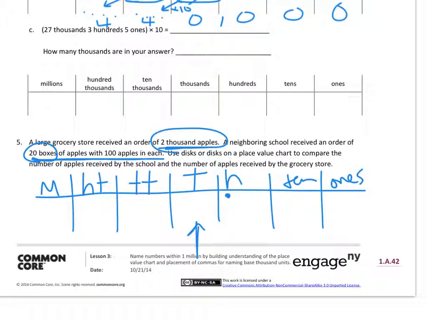So students would need to draw 1, 2, 3, 4, 5, 6, 7, 8, 9, 10, 11, 12, 13, 14, 15, 16, 17, 18, 19, 20. The reason they have to do that is because it's 20 boxes with 100 apples. Students are going to have to bundle these up and exchange them. So once they do that, they can exchange them for 1,000 each, and then compare that to what the grocery store received.